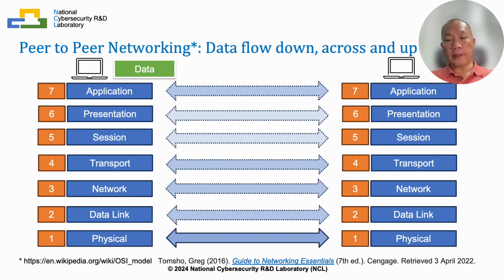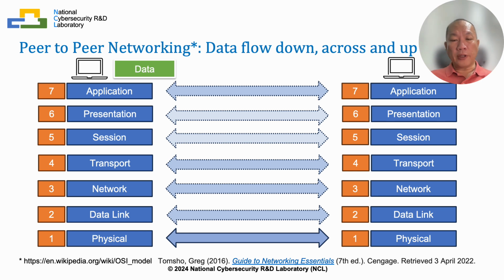Now, the next thing we talk about will be peer-to-peer networking. What does it mean? Peer-to-peer means that on two machines, you can see two machines on the left and on the right, each has 7 layers, all the way from the physical, data link, network, transport, session, presentation, and application.